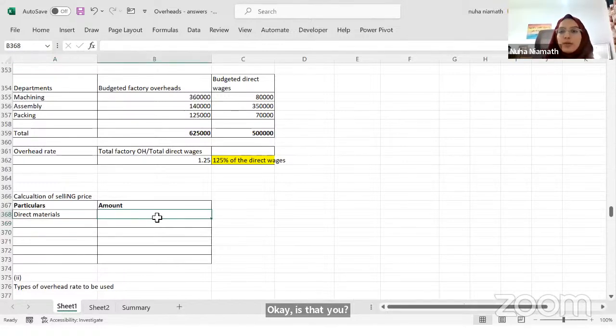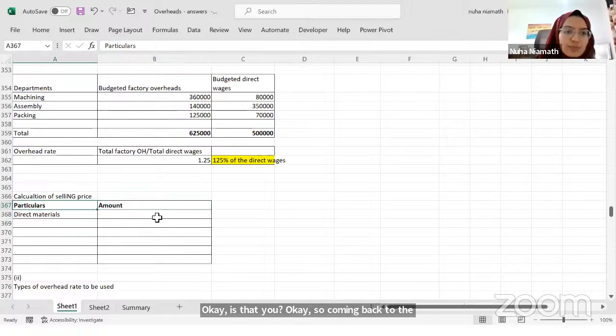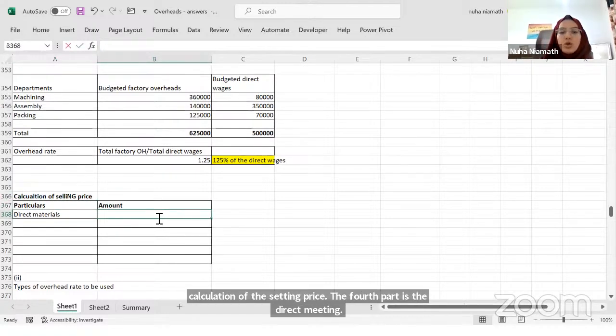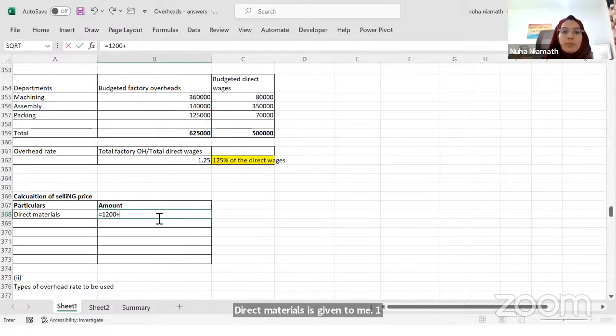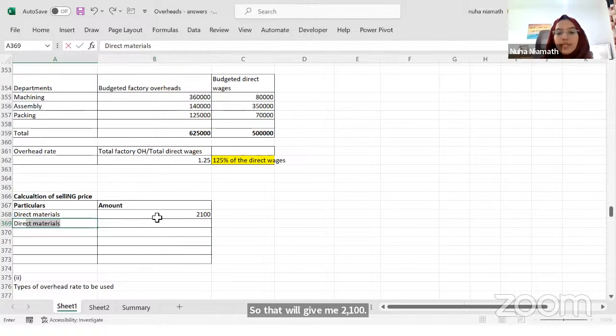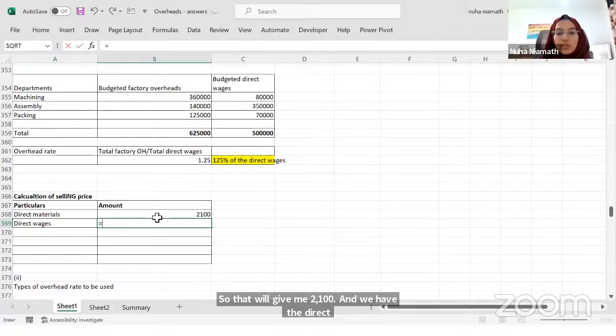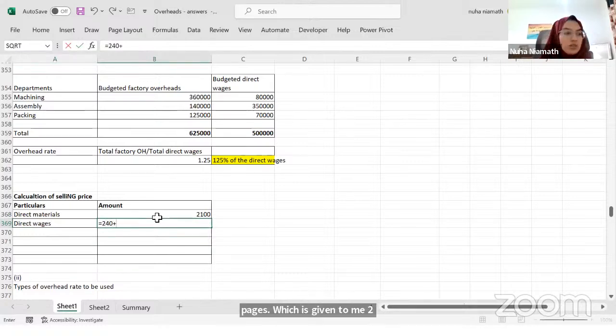Okay, so coming back to the calculation of the selling price, the first part is the direct materials. The direct materials is given to be 1,200 rupees plus 600 plus 300, so that will give me 2,100 rupees. Then we have the direct wages, which is 240 plus 360 plus 60, which is 660 rupees.